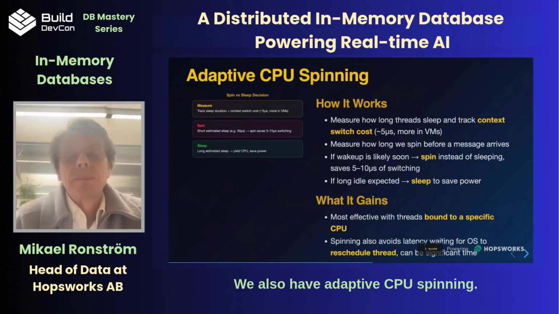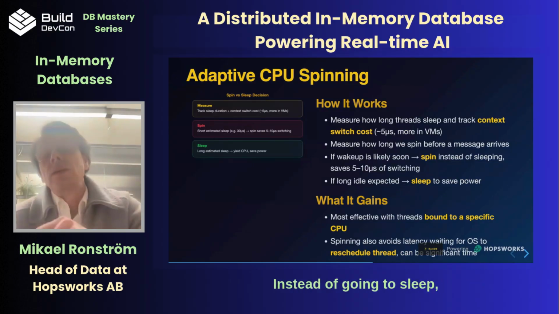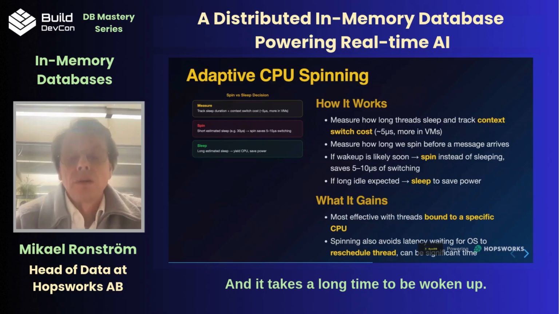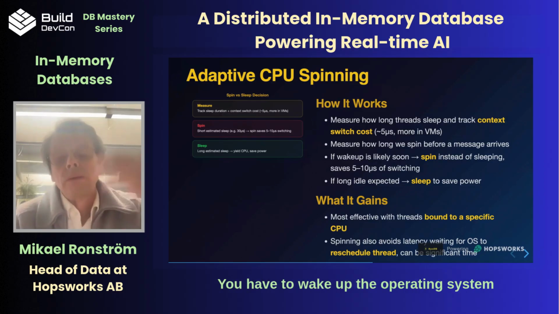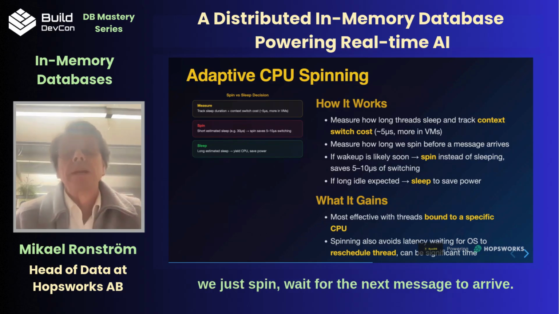We also have adaptive CPU spinning. That means that a thread that doesn't have anything to do, instead of going to sleep, which takes a long time, and it takes a long time to be woken up, you have to wake up the operating system if you go to sleep. So we actually measure the effectiveness of spinning instead. Basically we just spin, waiting for the next message to arrive.